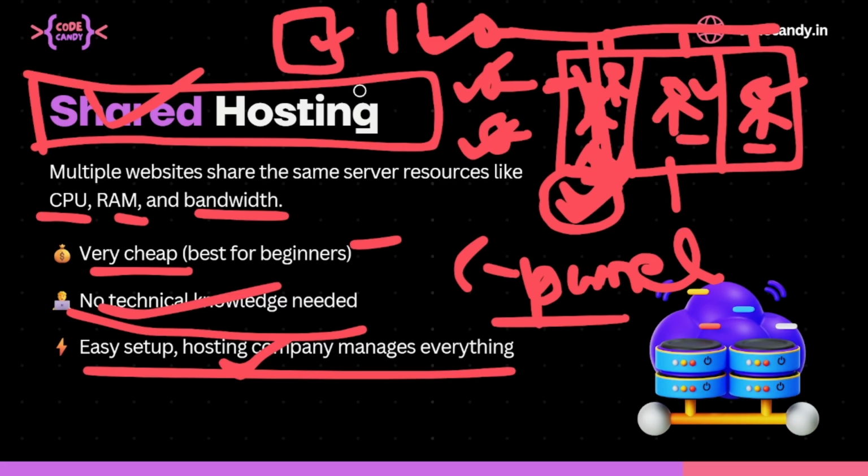You should not argue with the hosting provider, because I am providing everything cheaply. You should not argue about resources. You cannot scale it. So if your website has more traffic, you have to go with dedicated hosting or VPS hosting. We will learn about all those types of hosting later in the video.